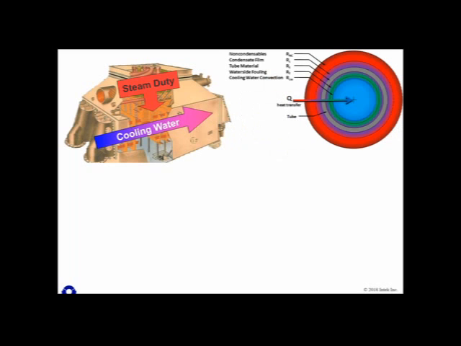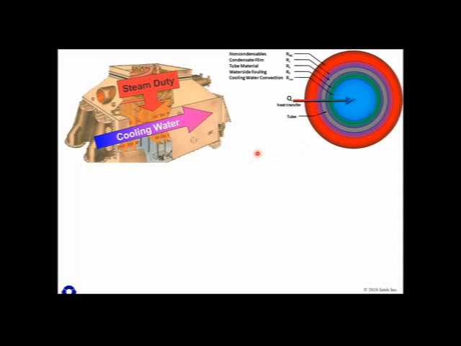This illustration depicts the cross section of a tube. This gray ring right here is the tube wall, or is the tube. All the thermal impedances to heat transferring from the steam outside here to the cooling water inside here are shown in this diagram conceptually.